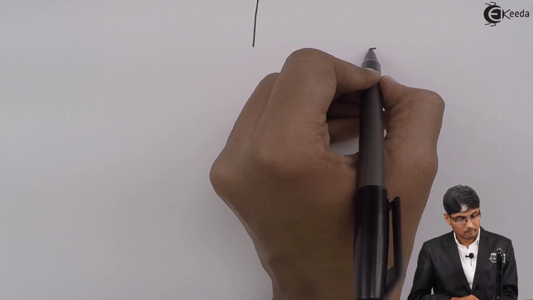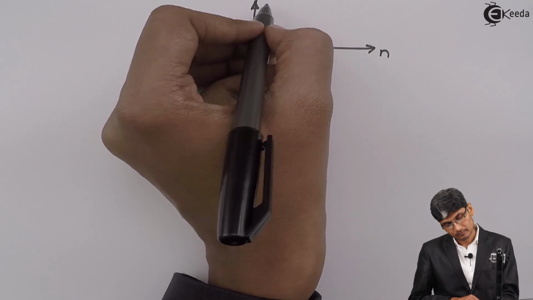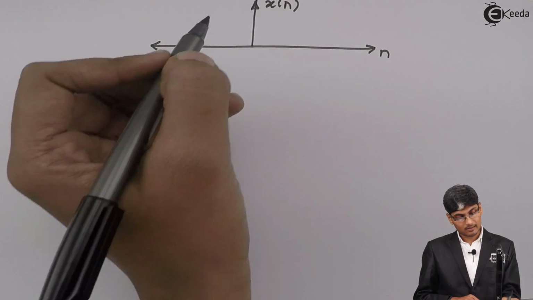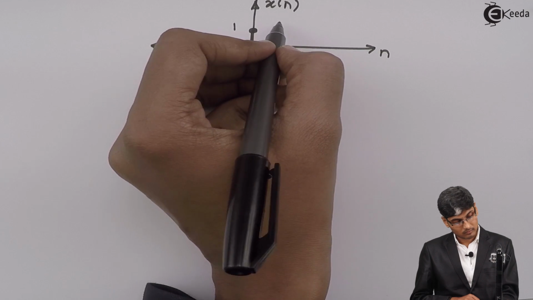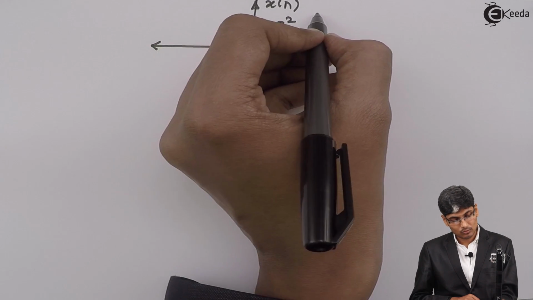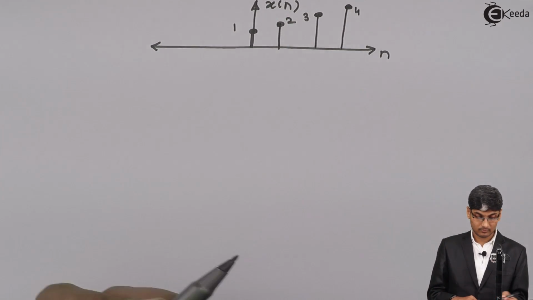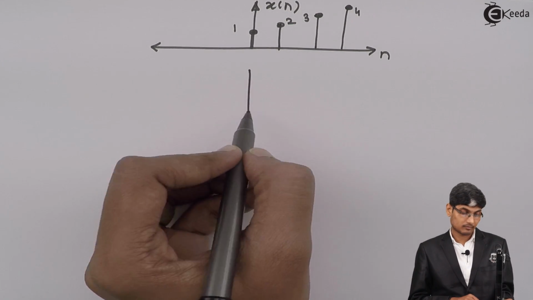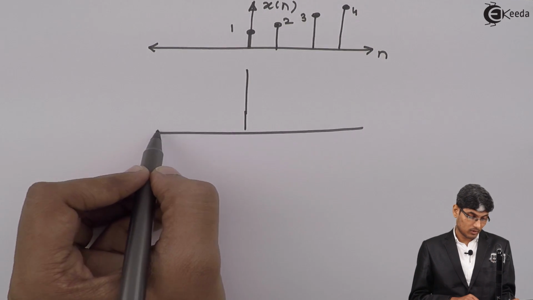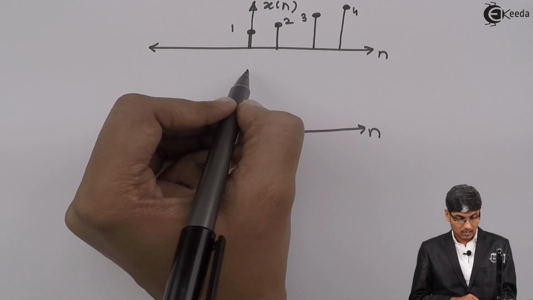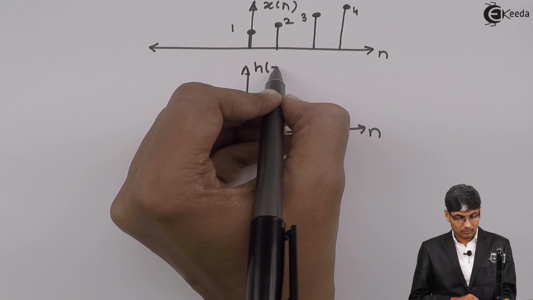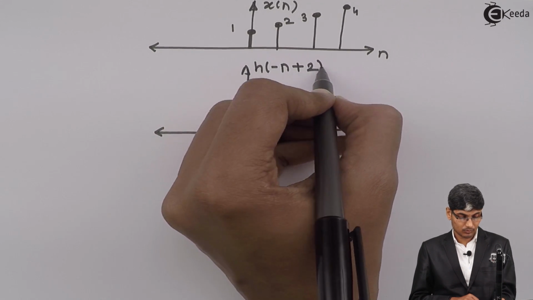So, I will get x of n as 1, 2, 3 and 4, and then I will be going about now as h of minus n plus 2.